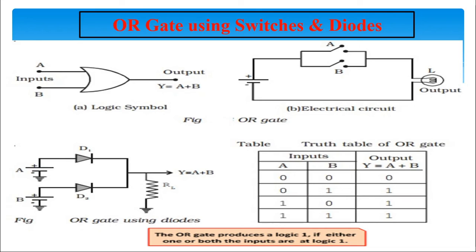Since the diodes are in parallel, the output voltage is plus 5 volt. In terms of binary, when A equal to 1 and B equal to 1, then Y is equal to 1 as shown in the truth table. That means we can say that the OR gate produces a logic 1 if either one or both the inputs are at logic 1. Here we conclude operation of OR gate using diode and switches.